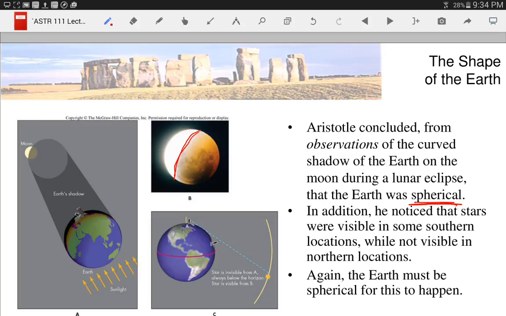And furthermore, he noticed that things in the sky that were visible in northern locations weren't visible in southern locations. So you can't just be going flat, you have to be going around a bend so you can't see those anymore. And so he had these two lines of reasoning saying the Earth is a sphere. So Aristotle, over 300 years before Christ, said the Earth is a sphere. It's a ball.